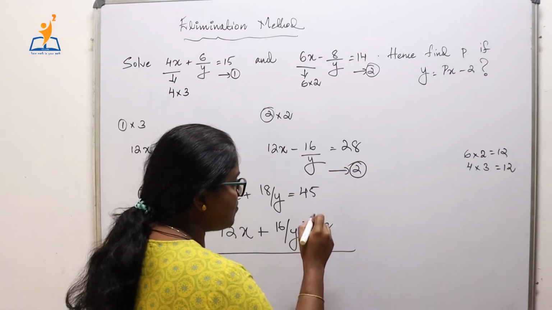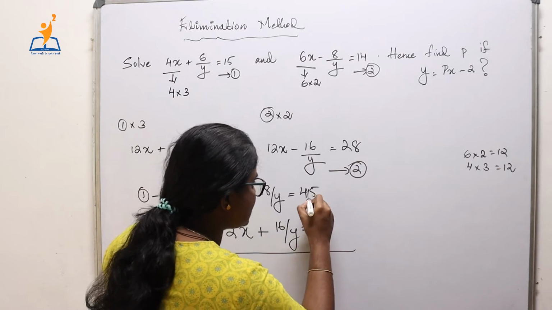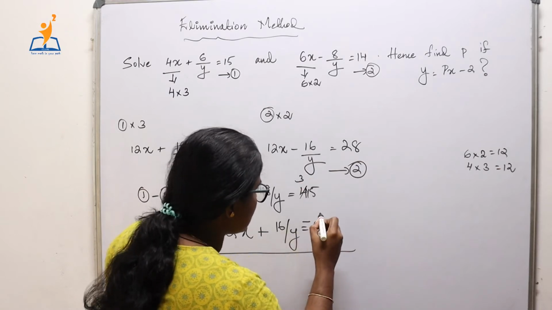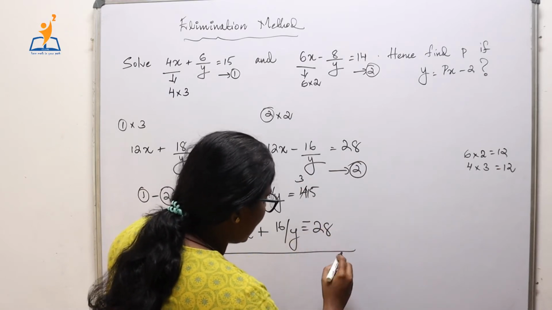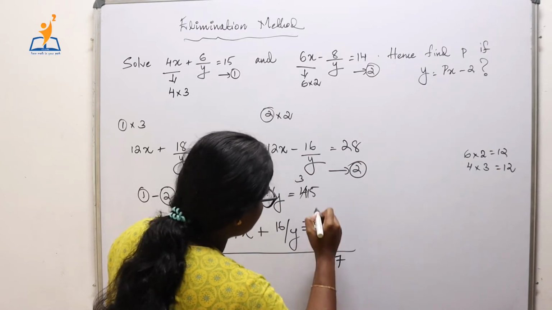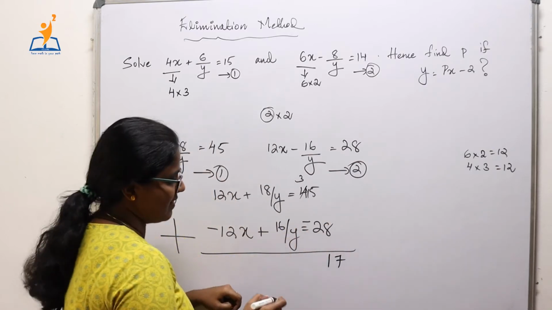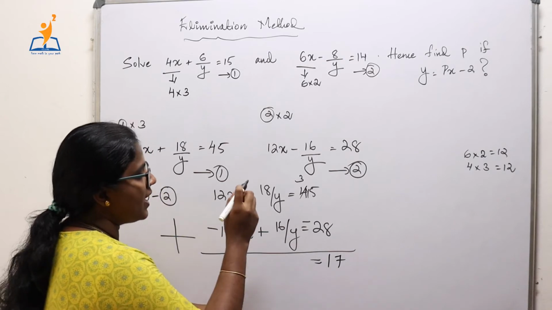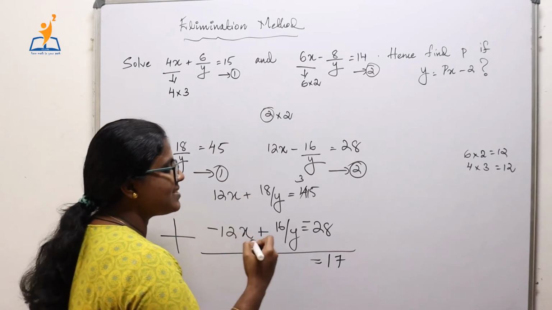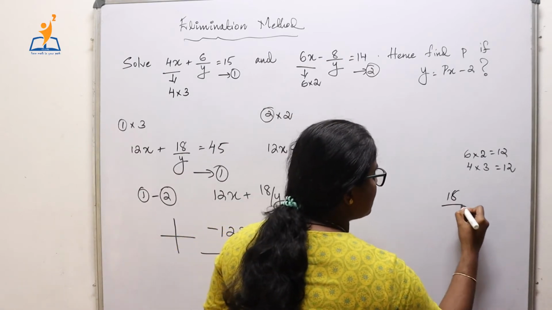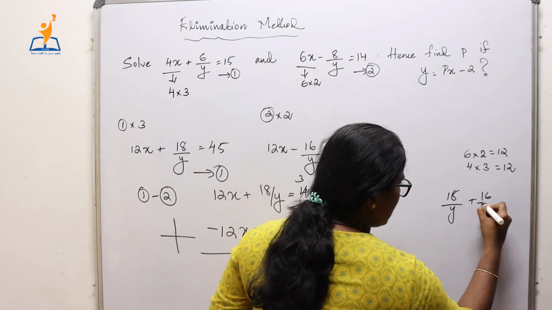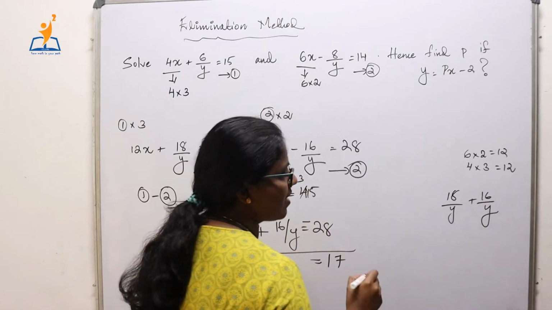Now what is 45 minus 28? Just do the subtraction: 15 minus 8 is 7, 3 minus 2 is 1, so it is 17, equals 18y plus 16y. Do the calculations carefully.